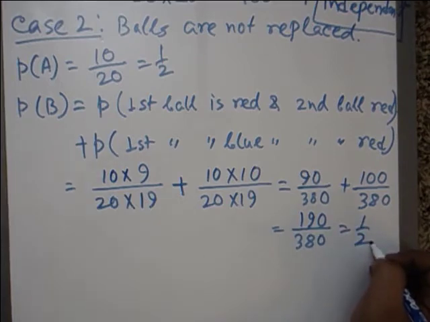So the probability of B is half, same as before.